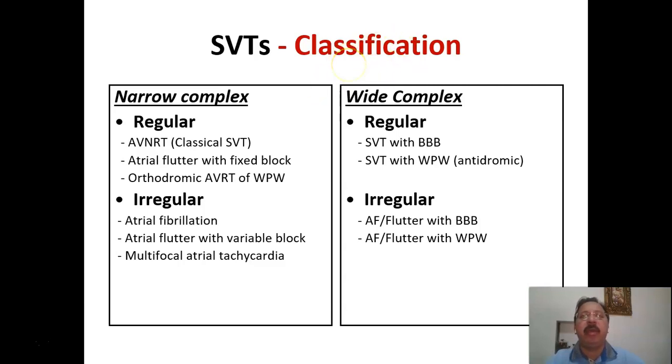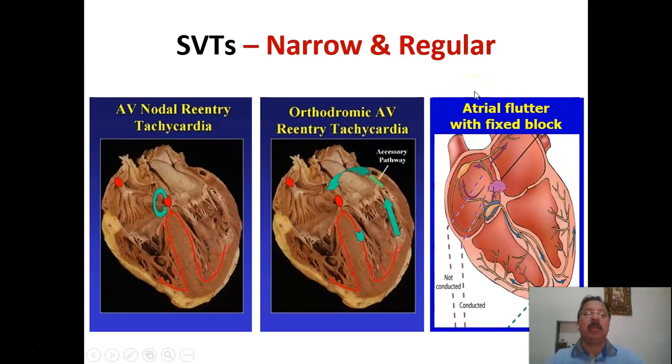Similarly, if the impulse bypasses the AV node and goes through the accessory pathways to the myocardial tissue, the complex may get wide, as in WPW syndrome. Although the arrhythmia originates from the atria, on the way to the ventricles it may get widened due to the blockage or through the alternate route. So SVT can be narrow complex, can be wide complex.